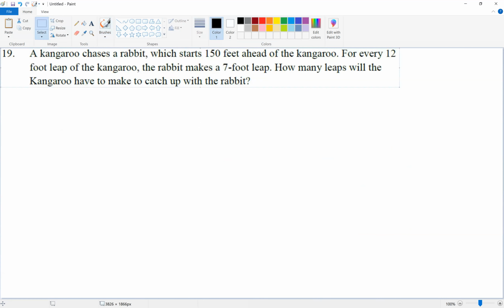What does it mean to be accurate to the tenths? In number 18, what does it mean to be accurate to the tenths? Tenth means you only write one number after the decimal. Only one digit after the decimal.